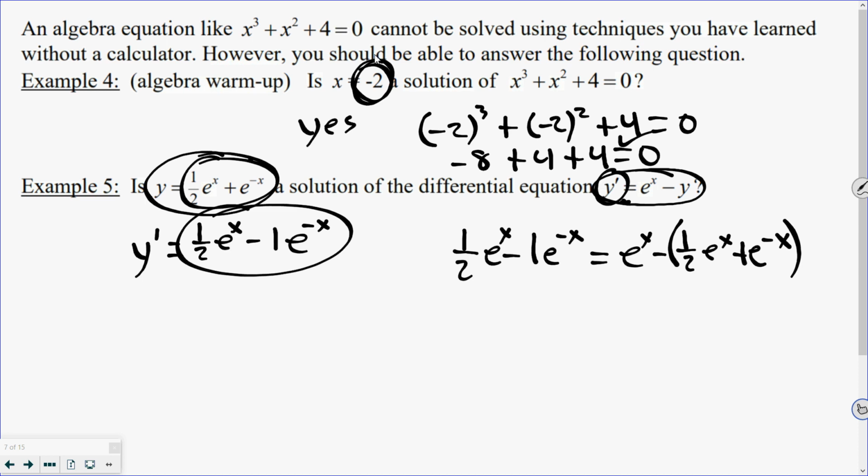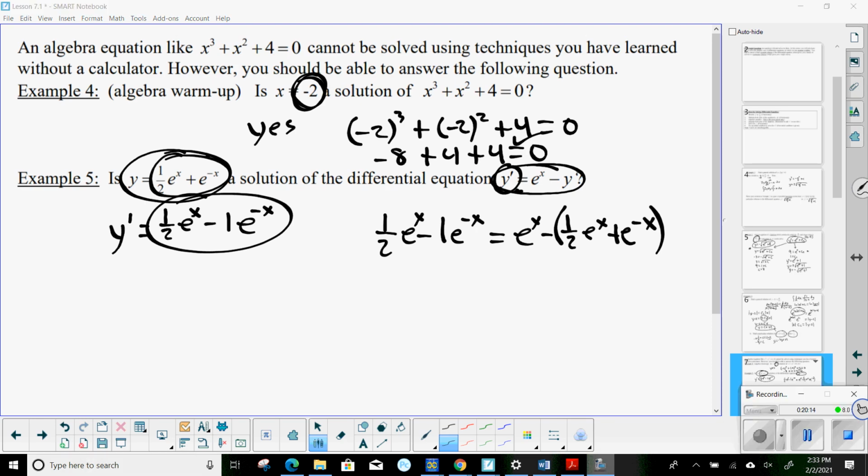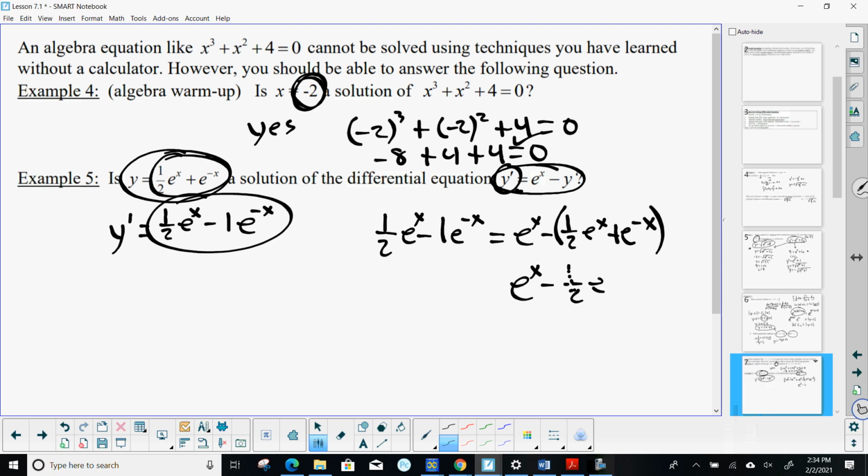Okay, so the question is, do they come out to be equal? So let's check that. I'm just going to simplify the right side over here. There's not much we can do on the left side. So if I distribute that through, I get e to the x minus 1/2 e to the x plus e to the negative x. Let's just be a 1/2 there. Hey, those two I can combine together.